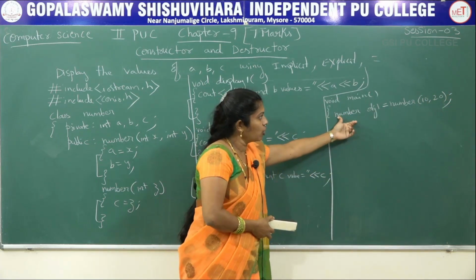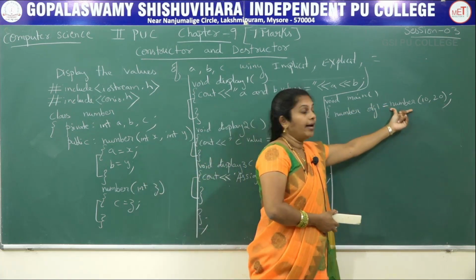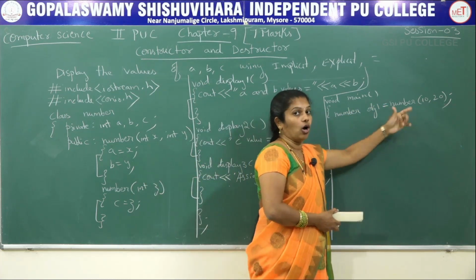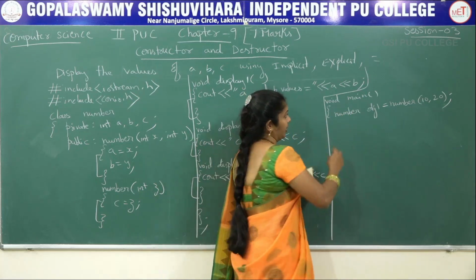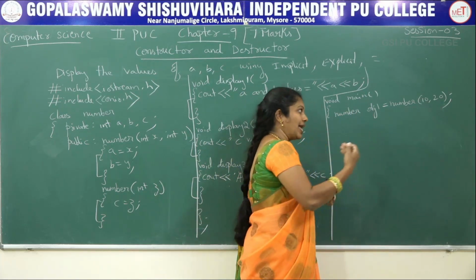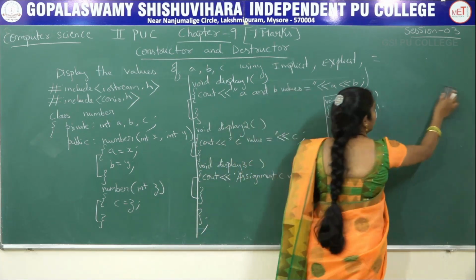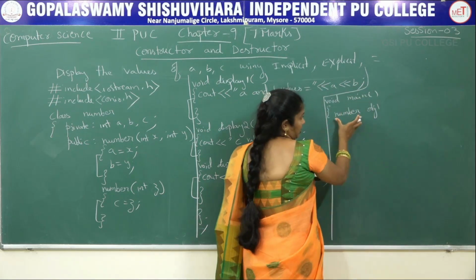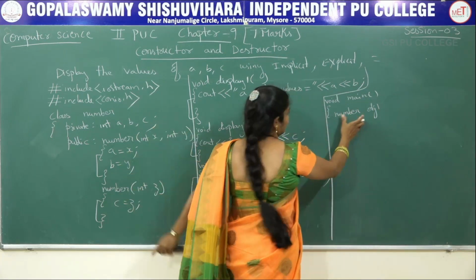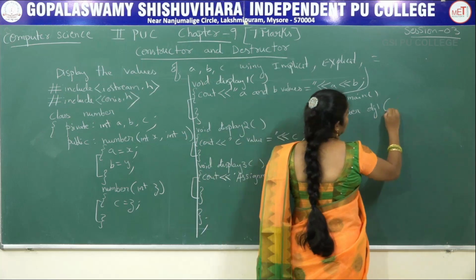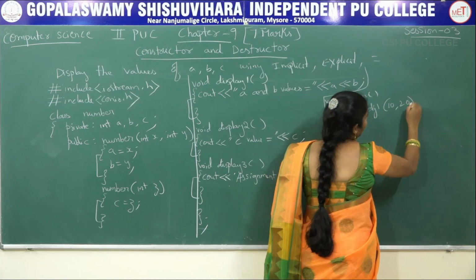Which method are we calling? This is an explicit call. If you want both implicit call as well as explicit call, first you can take implicit call. Number is the class name, then object1 inside the bracket 10, 20.